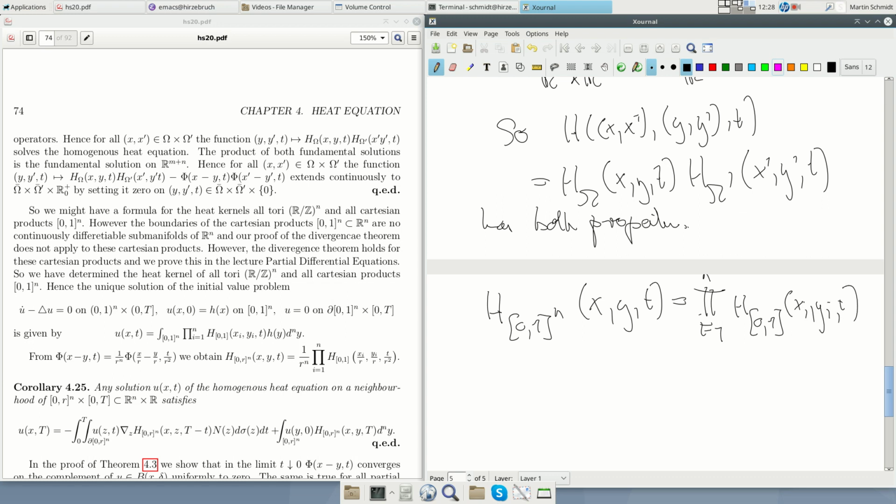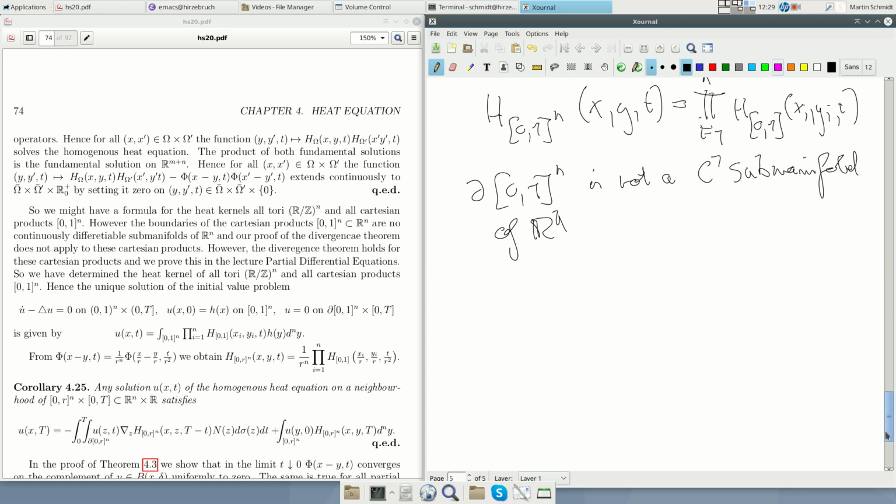This follows. Okay, there is a problem. The cube (0,1)^n has a boundary, and the boundary is not a C1 submanifold of R^n.